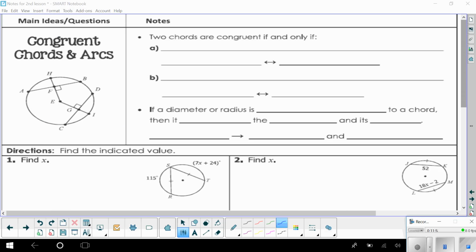Okay, so congruent chords and arcs. Remember, AB here and CD are chords. Two chords are congruent if and only if their corresponding arcs are congruent.